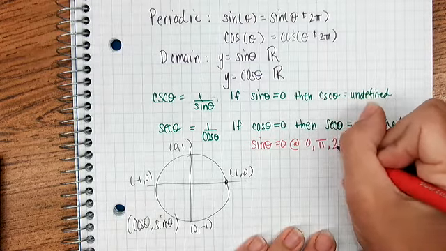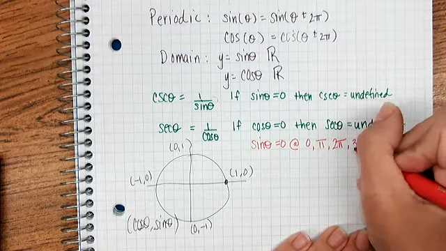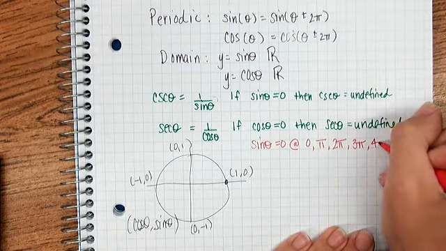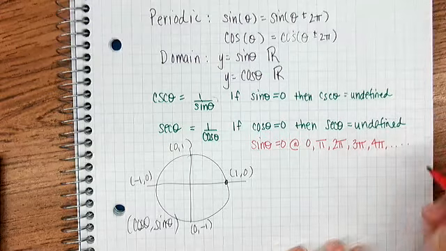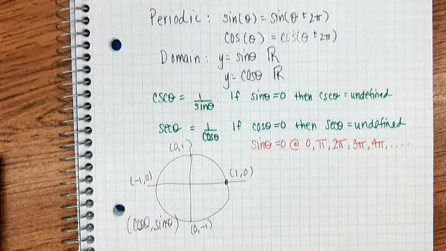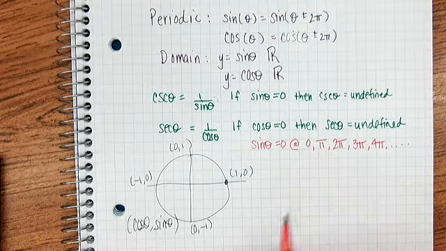Oh, but it's cyclical. 2 pi, 3 pi, 4 pi. All that pi. Thanksgiving's coming up. It's a perfect opportunity to talk about all this pi. Well, I can't just write 0, pi, 2 pi, 3 pi, 4 pi, right? There has to be a much better way to write it.